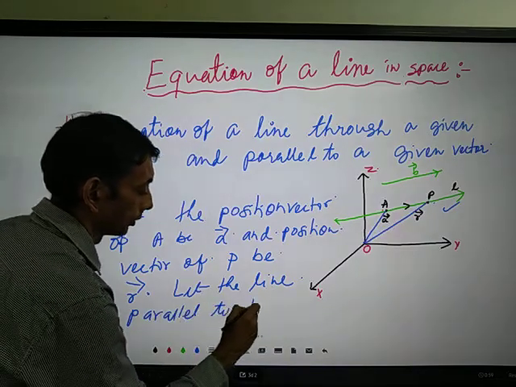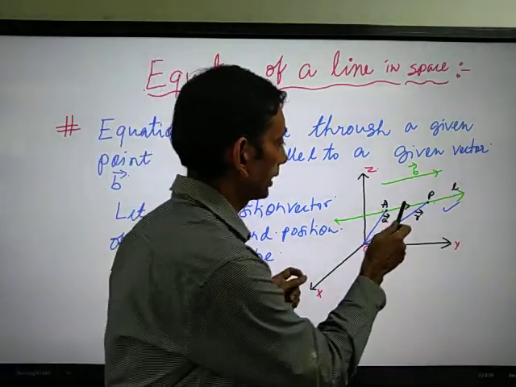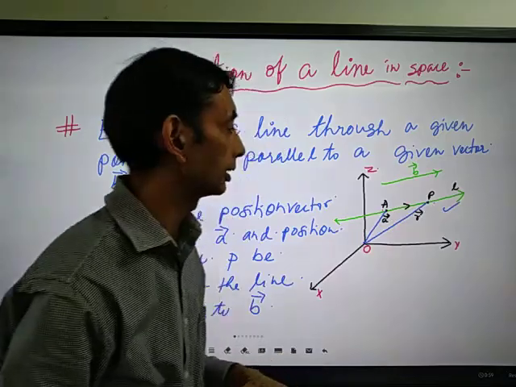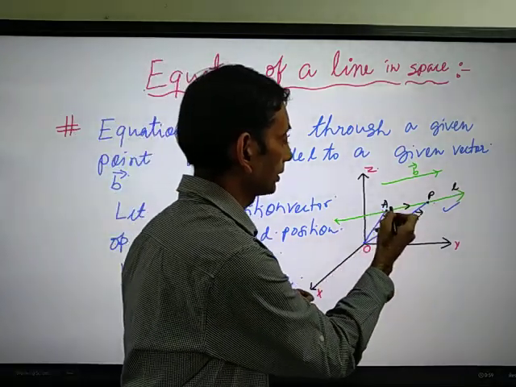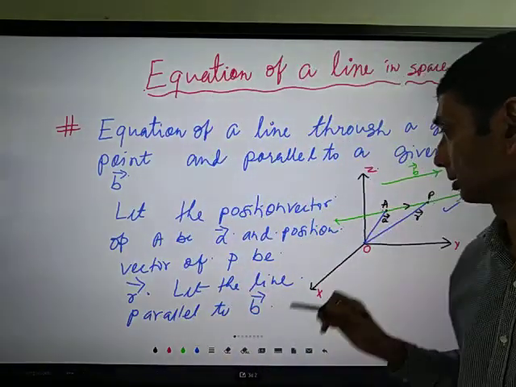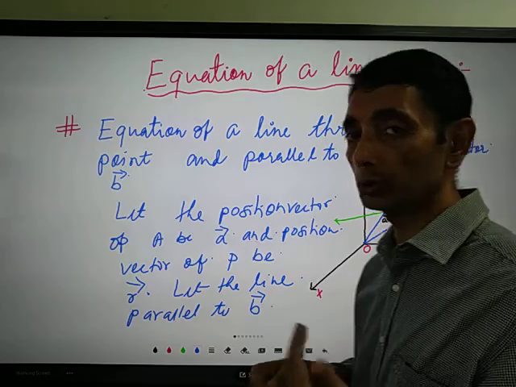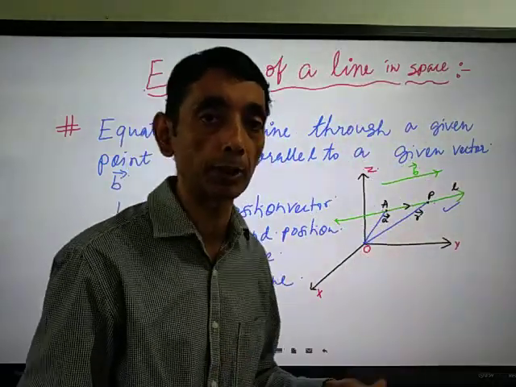parallel to vector b. Now, since the line L is parallel to b, how can we relate the vector AP with b? We know that AP and b are parallel vectors. So how do you connect two parallel vectors?